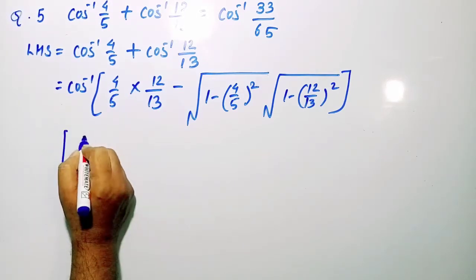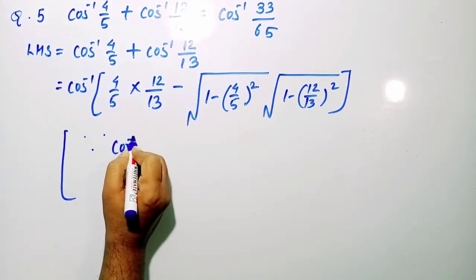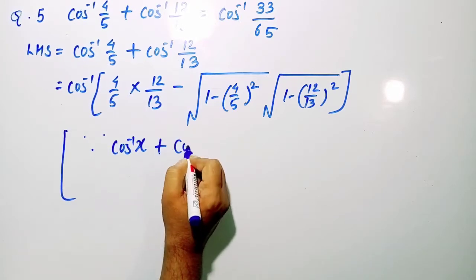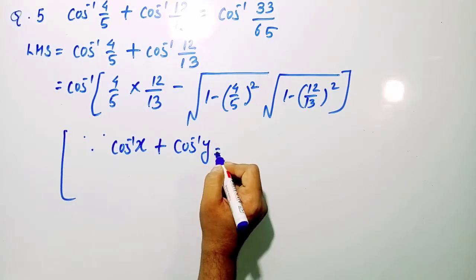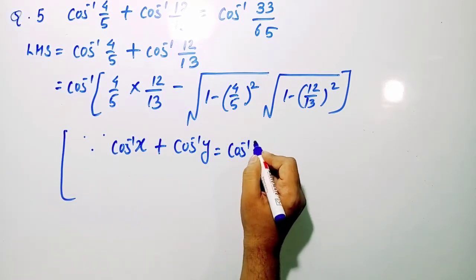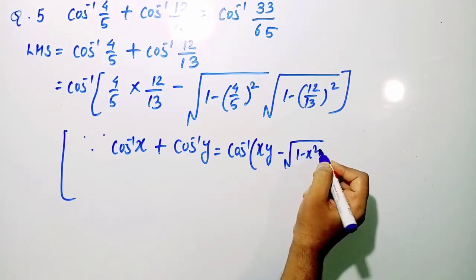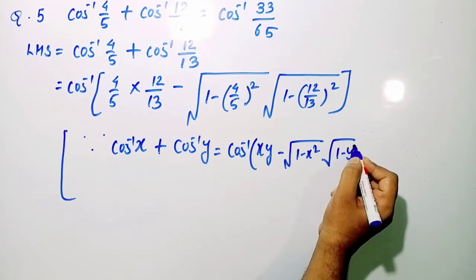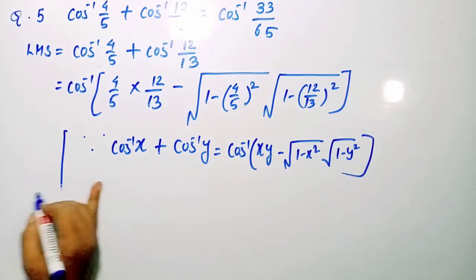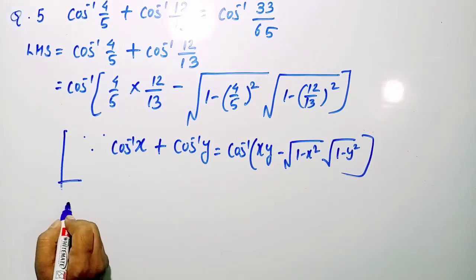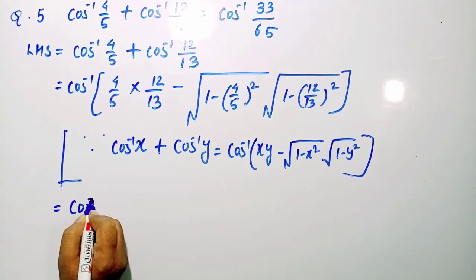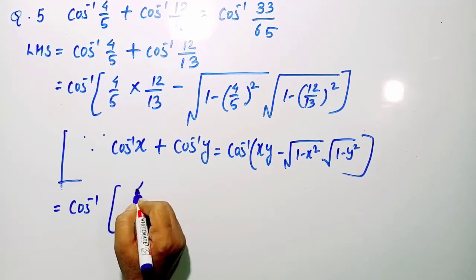Because we know that, students, cos inverse x plus cos inverse y is equal to cos inverse of x into y minus square root of 1 minus x square into square root of 1 minus y square. In the above step we have applied this formula, right, students? Now we just have to simplify the terms which are in the braces.